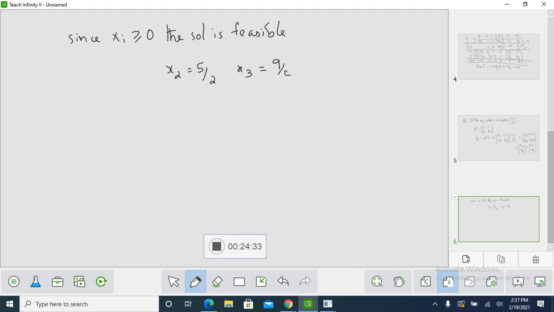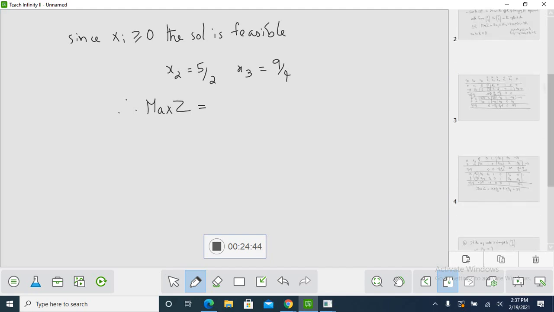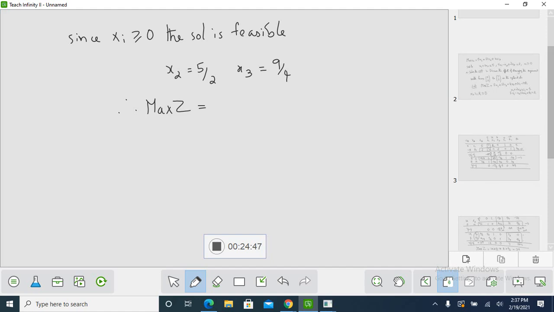Therefore, what happens to my maximized z? Hence, maximized z is equal to, what was the objective function that we had here? What was the objective function if I roll up? 5x1 plus 12x2 plus 4x3.